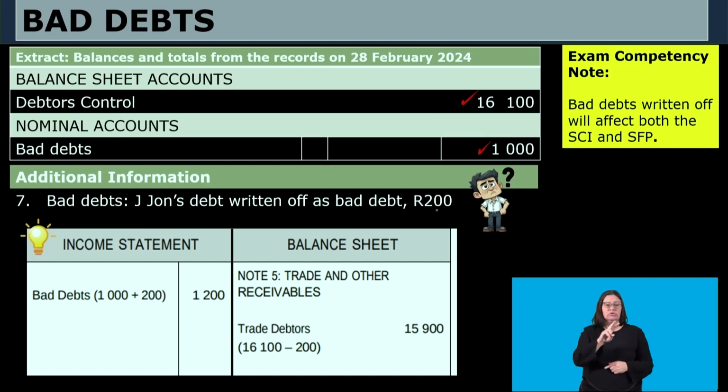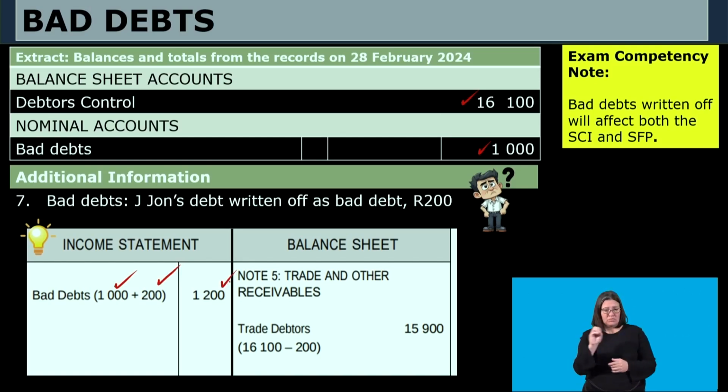What do we do with such information? When you come to your statement of comprehensive income, you take your bad debts, which is in your nominal accounts, your 1,000. And then you now say, J. Jones' debt, which is now being written off, 200, you add it, then you end up with 1,200.